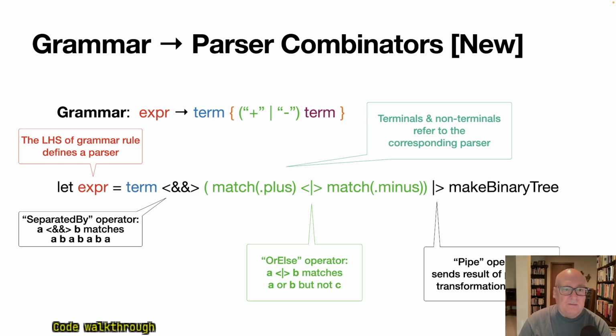It'll take the terms, the pluses, the minuses, and assemble them into a binary tree. So you can see this is a lot more concise. I mean, we still have to write make binary tree somewhere, but the grammar is a much more direct translation from the original grammar into our Parser Combinators.